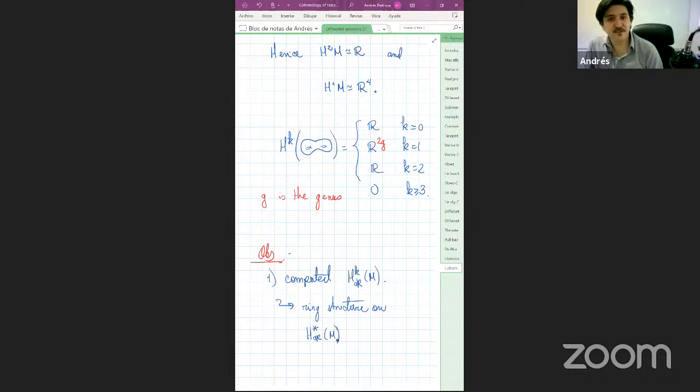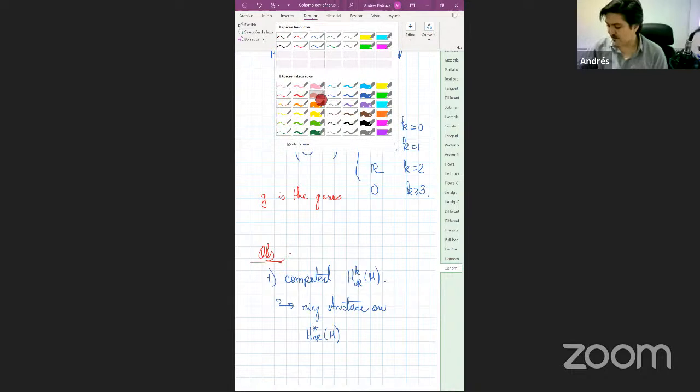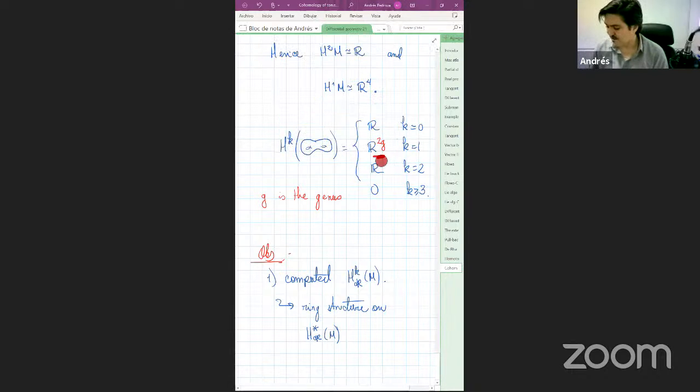And also for the surface of genus G, because now you know that there are non-trivial elements in degree 1, and if you multiply two 1-forms, you will get a 2-form.